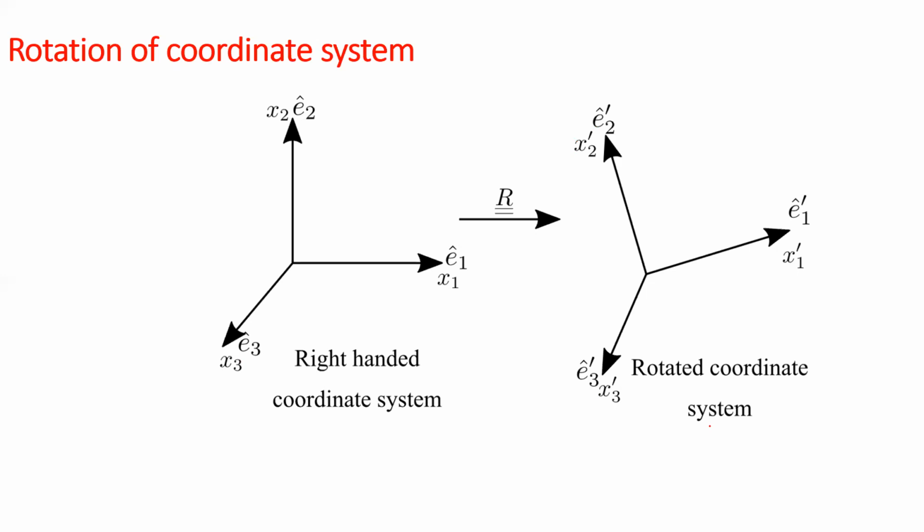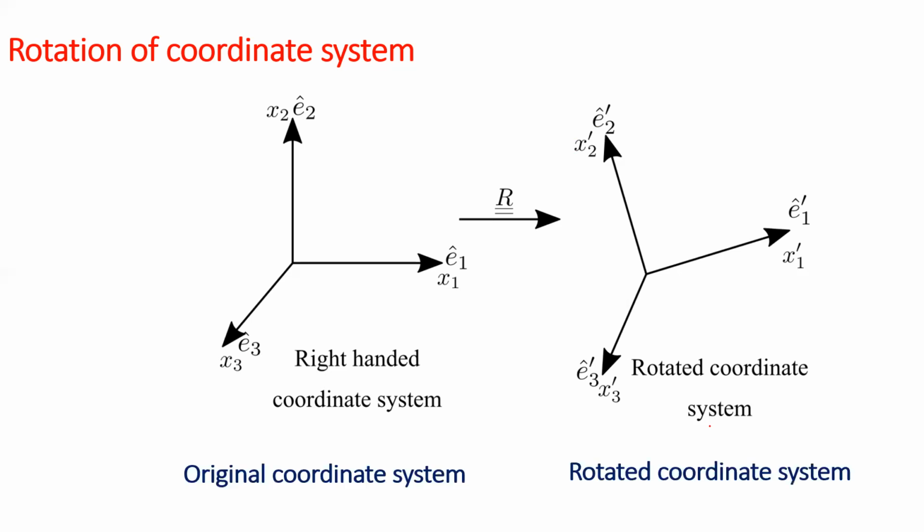Okay, given a Cartesian space, you can have any three orthonormal vectors as your basis. So there is a tensor in the left hand side coordinate system, and the coordinate system is rotated. Okay, and we want to write that particular tensor in the rotated coordinate system. That's what we want to do. This is the original, and that's a rotated one.